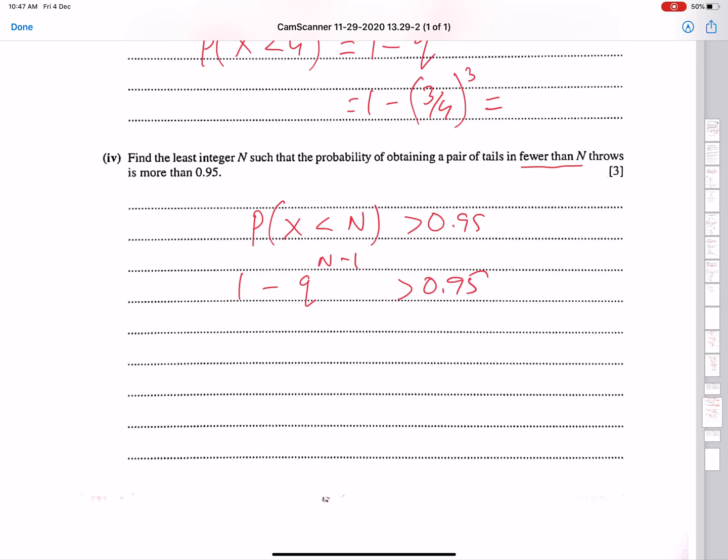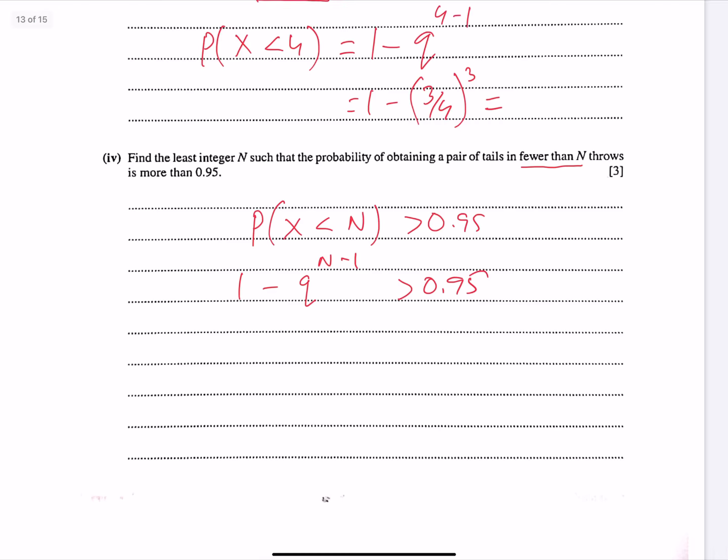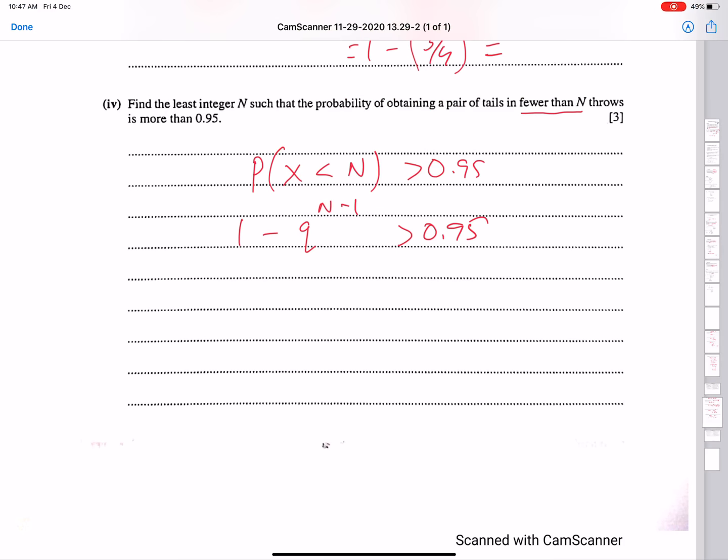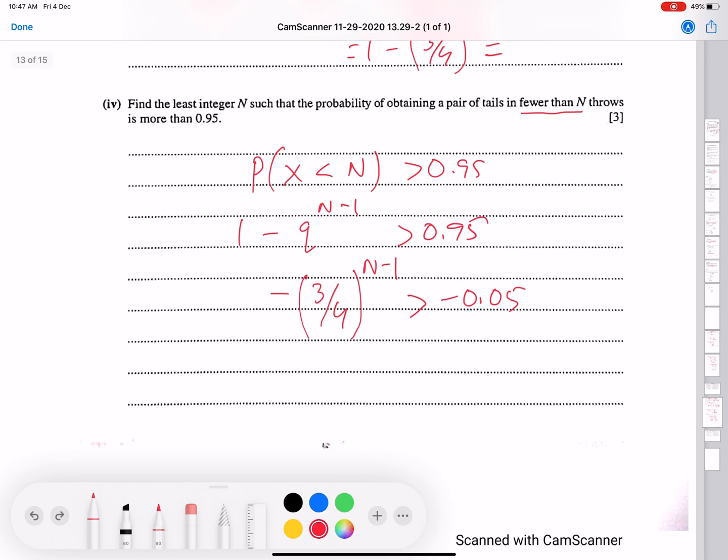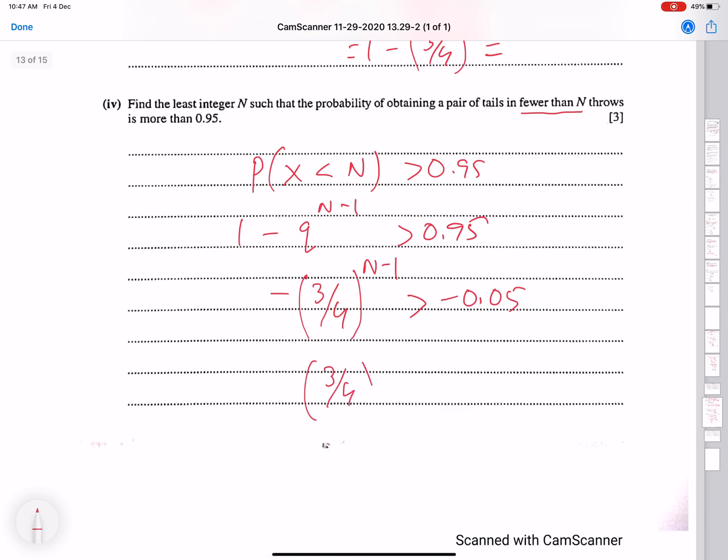I just solved a question of this type in the previous example, so I'm just substituting the values. 1 minus q, q is 3 upon 4, n minus 1, less than 0.05. Make sure you change the sign of inequality while cancelling negative on both the sides. I'm leaving this question here. You just need to take log on both sides, and then you can easily solve this question.